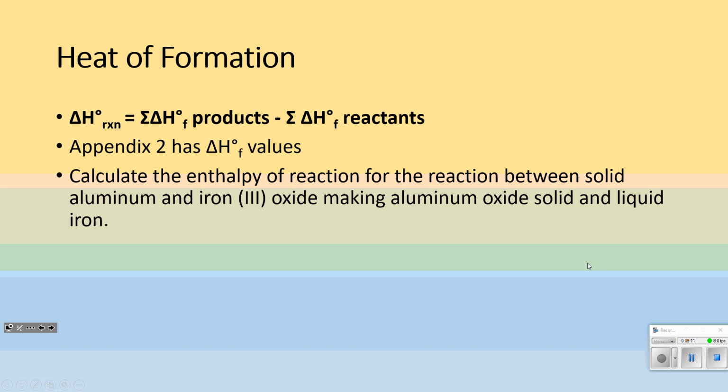They'll give you those numbers prior to solving, so it shouldn't be too tricky to determine which version you have to use. But remember, just before this, we did reactants minus products because that was bond energy. Now with heat of formation, it's products minus reactants. Now summation, and again, we have to take that into account as well.